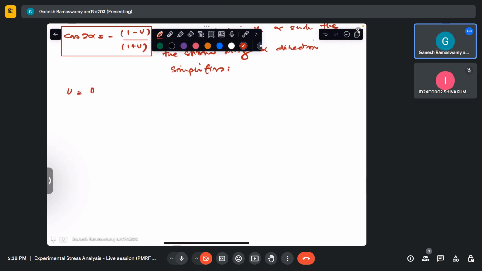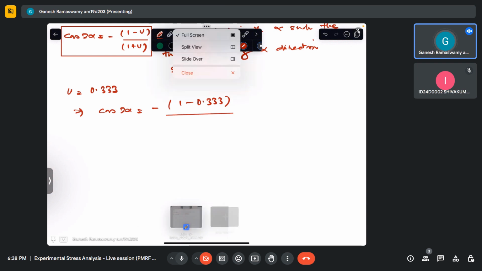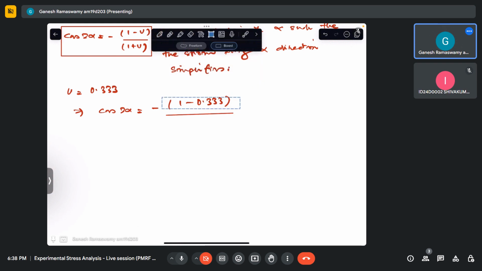So with mu is equal to 0.333, we have cos 2 alpha is given by 1 minus mu divided by the same expression but with a plus. So this gives me minus 0.667 divided by 1.33.